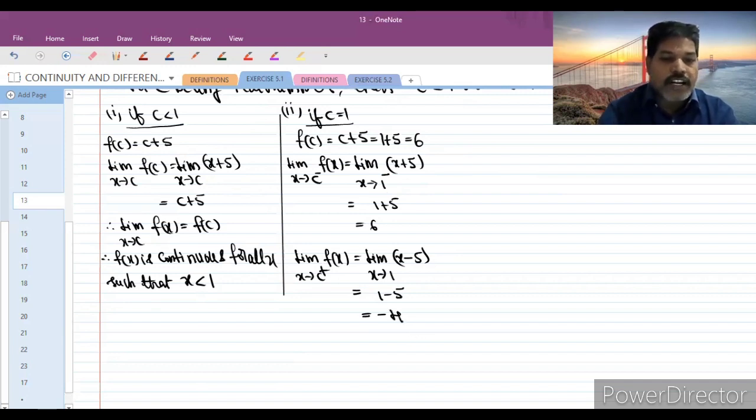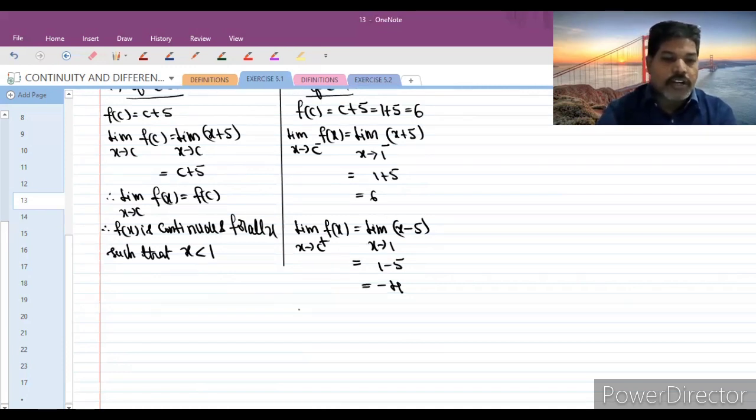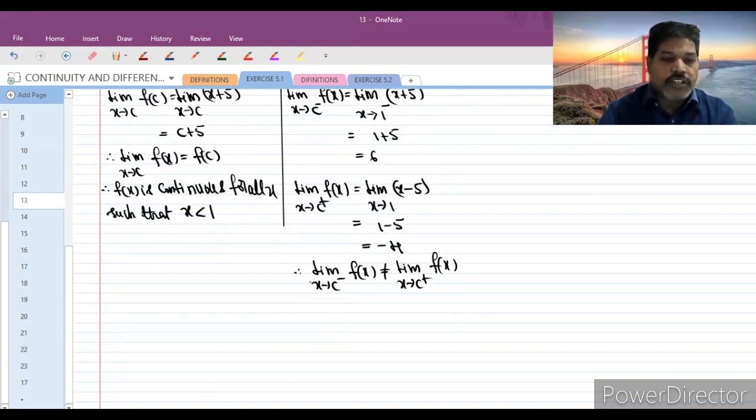So the left hand limit and the right hand limit are not equal. You have to understand that. Therefore, we can conclude that the limit extending to C minus of f of x is not equal to the limit extending to C plus of f of x.